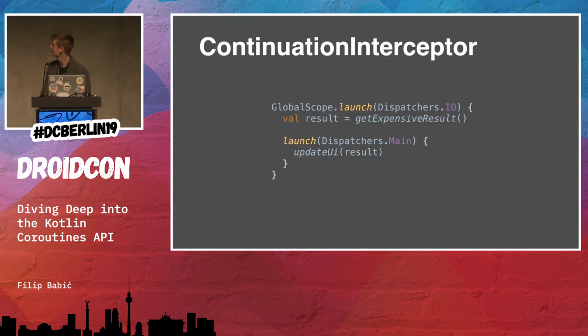So when you look at this snippet of code, as I mentioned before, you can use the launch block, but you can also pass it in a context. In this example, we send the Dispatchers IO context, and we get some expensive result. The function can do whatever we want it to do, but the idea is that it will be done in a separate thread specified for heavy operations.